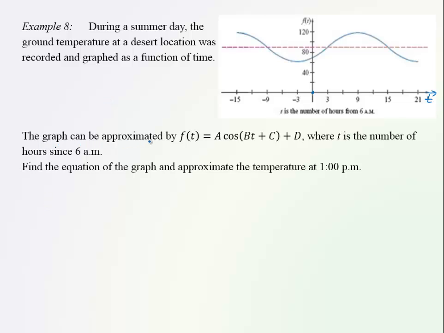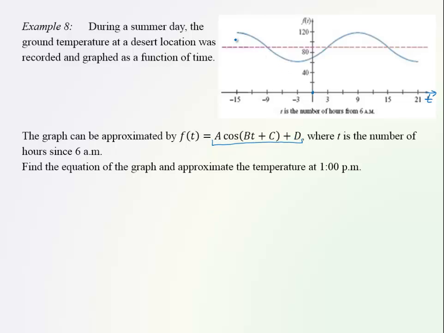The graph can be approximated by that function, something about cosine, where t is the number of hours since 6 a.m. Find the equation of the graph and approximate the temperature at 1 p.m. Well, we have just a form of equation of the graph. We don't have specifics. We really need to find out A, B, C, and D. What's the easiest?